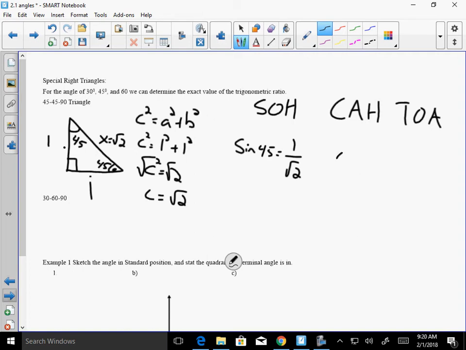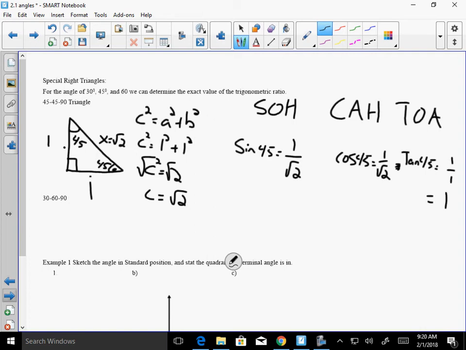Cosine 45 would be my adjacent over my hypotenuse, so it's 1 over root 2. And then tan is opposite over adjacent, so 1 over 1. You just say that's 1.